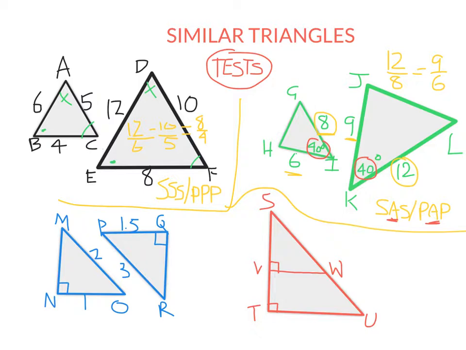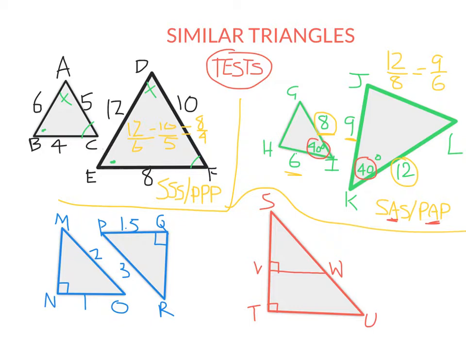For the SAS or PAP test, the angle you're given must be between the two sides that are in proportion. If I gave you another angle like this one here and told you they were equal, that wouldn't be enough. It must be the angle between. It has to be those angles circled in red.